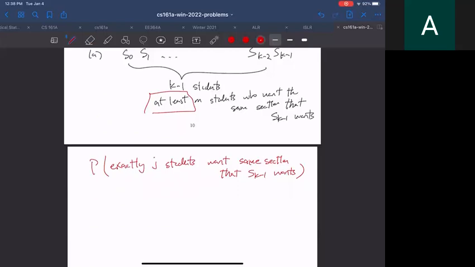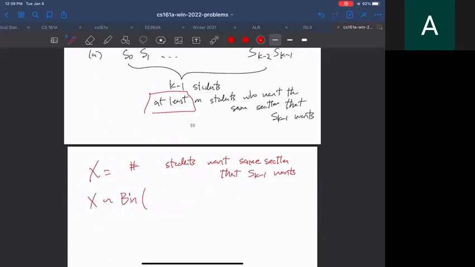Now you should recognize that this is a random variable, right? The number of students that want the exact same section that S_{K-1} wants, let's call that a random variable. And you should recognize this random variable is a binomial. Because each student in the front has some probability that they will want the same section that S_{K-1} wants.